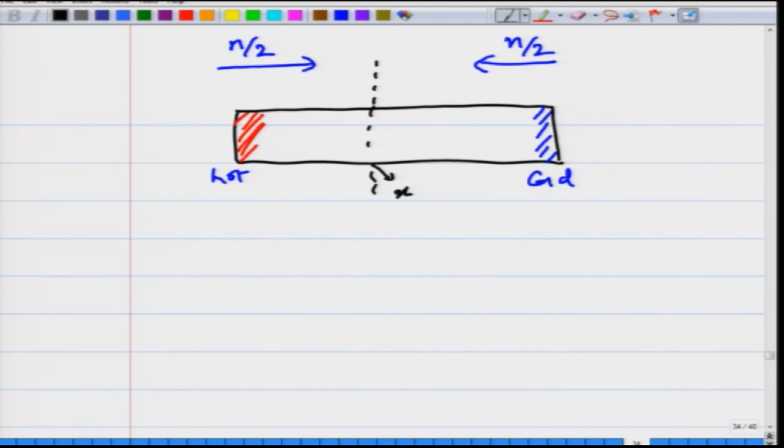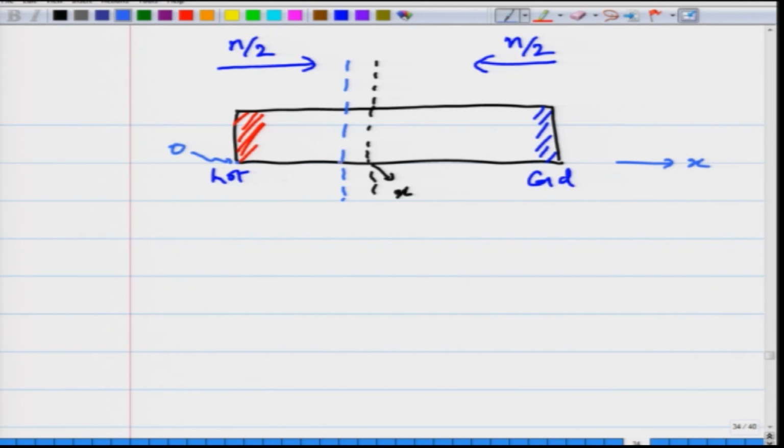Now, let us look at how much is the net flow of energy across this x, and for this let us consider your coordinate axis. This starts from 0 at this point, this is x and it is increasing in this direction. So, we can think of our x axis as if it is along this direction.